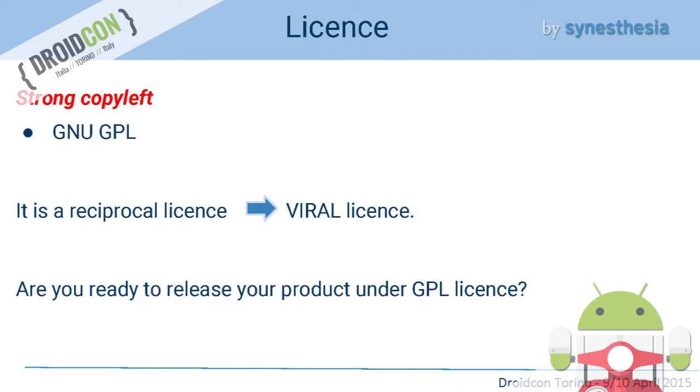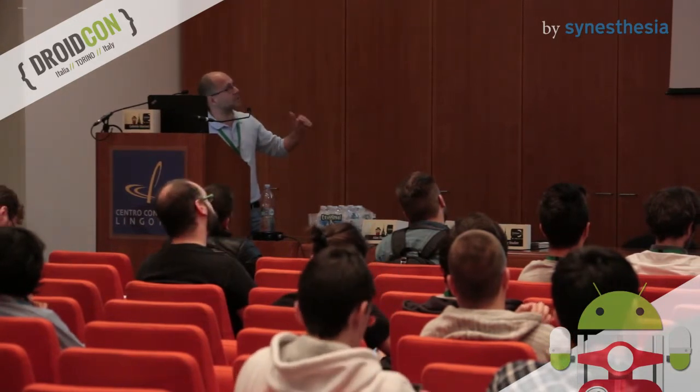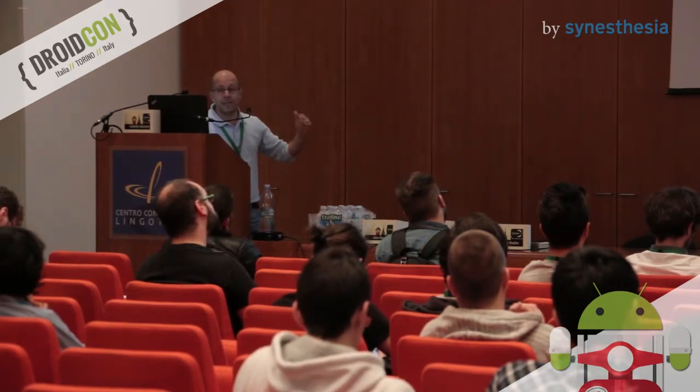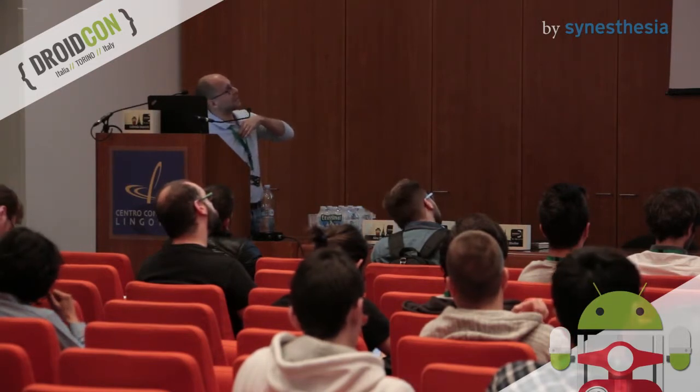You have to release your project with the same kind of license. When you are doing a project for a customer or an enterprise project, you have to be sure that you can release your project with this type of license. So pay attention when using an open source library with a GPL license.